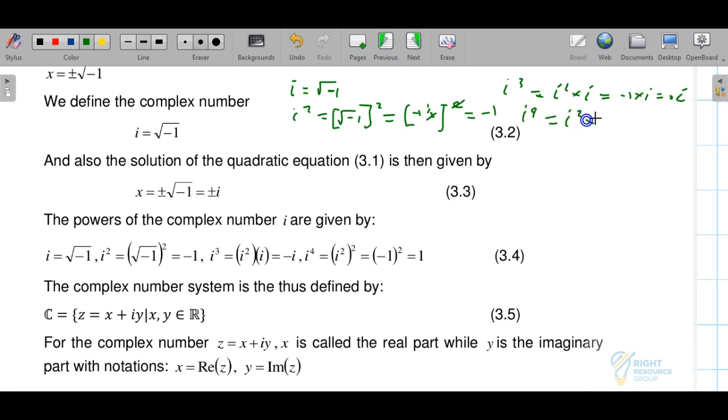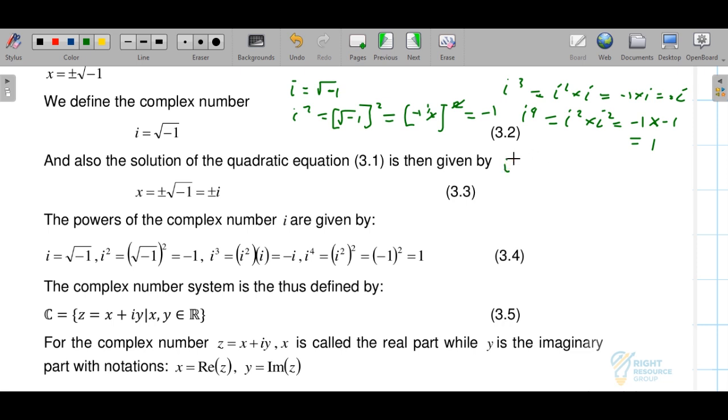This is i squared multiplying i squared, and we have i squared to be minus 1 multiplying minus 1, which is going to give you 1. And every other power you calculate is going to fall between i, minus i, minus 1 and 1.